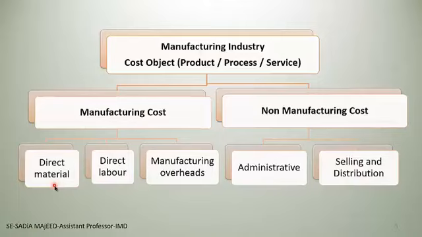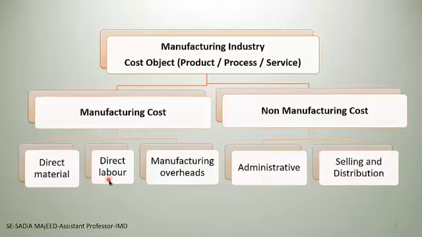For example, let's take the example that you are producing plastic chairs. Then plastic becomes part of your final product, so plastic would be the direct material, and the cost of direct material would be considered a manufacturing cost.